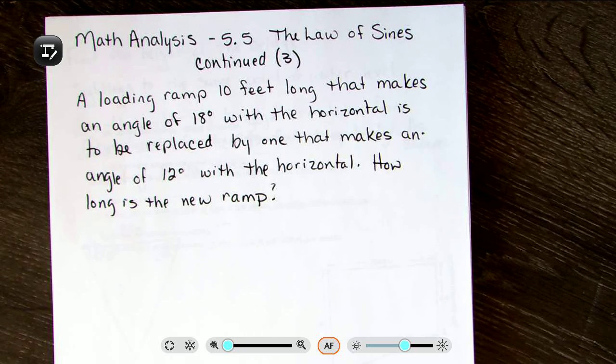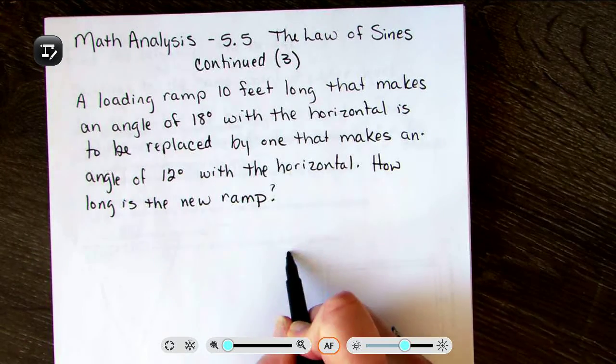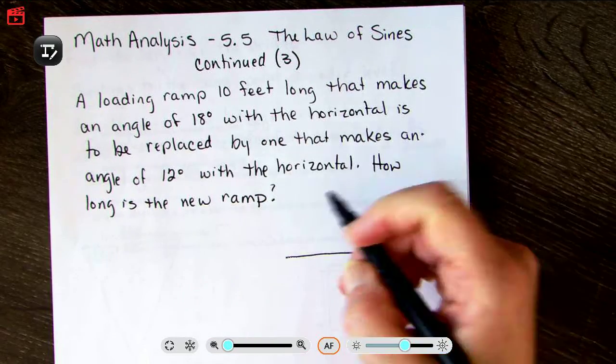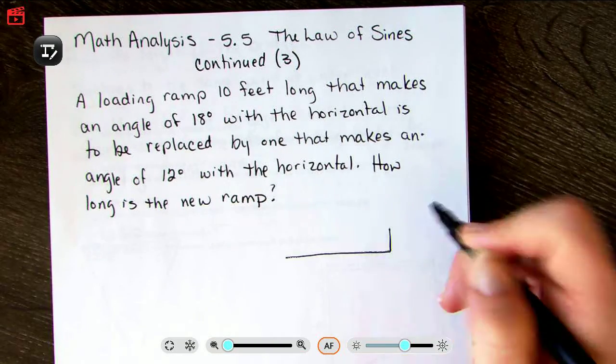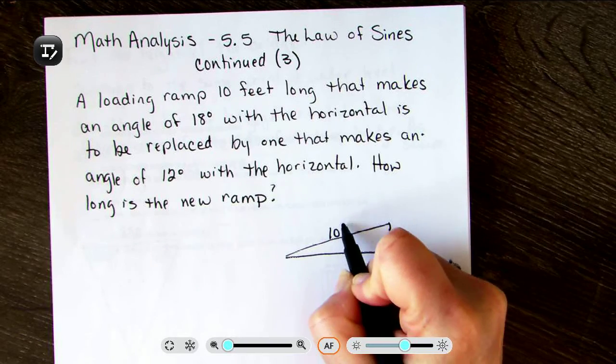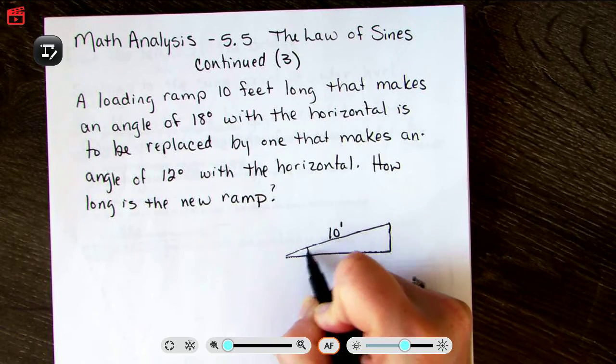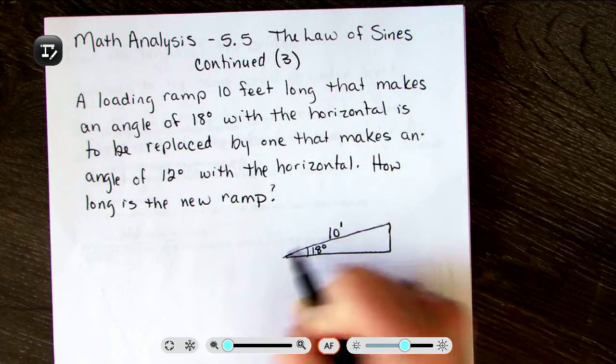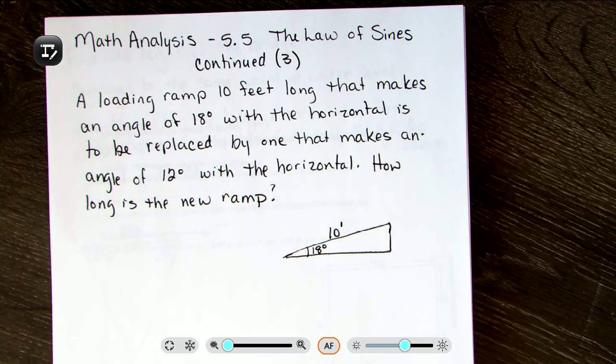A loading ramp that is 10 feet long makes an angle with the horizontal. So I'm going to draw a picture. Some sort of ramp that's going up. This happens to be 10 feet, and it makes an 18-degree angle. It's going to be replaced with one that makes a 12-degree angle.